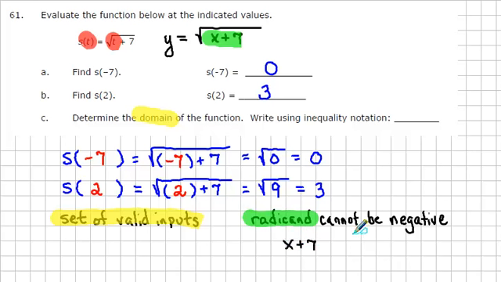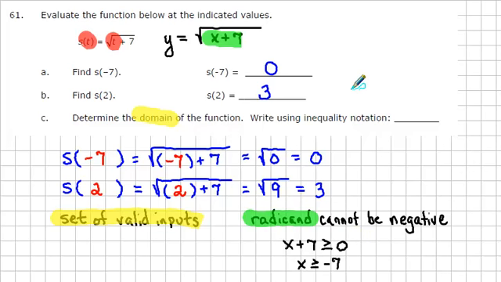If it cannot be negative, then it must be non-negative. And if something is non-negative, then it is greater than or equal to 0. In order to isolate x, we can subtract 7 from both sides, and we get x is greater than or equal to -7. And that's consistent with what we saw in both the table and the graph.